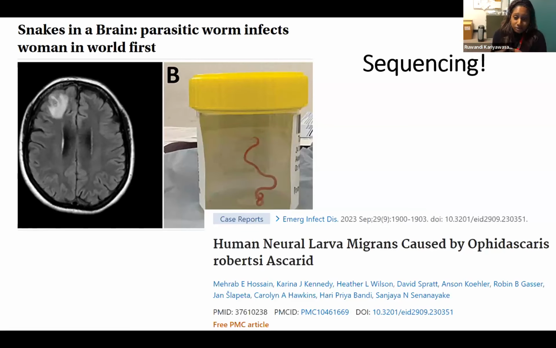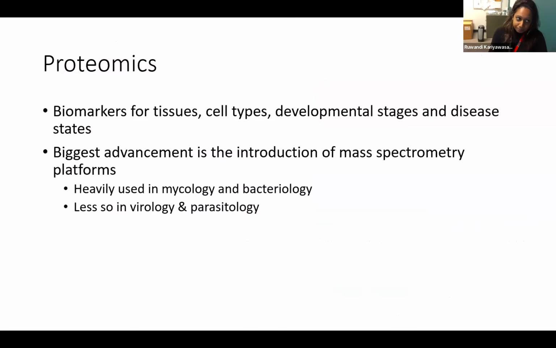Sequencing was really useful here because it was the first time this organism was identified in a human, and it was really hard to tell microscopically, or even looking at the live worm, which was actually pulled out of this woman, unfortunately, whether it was a known parasite that we've seen before. So sequencing can definitely be useful. It's a great technology that we're exploring in the lab, and it definitely has its perks.